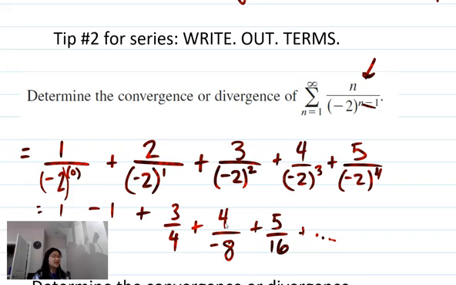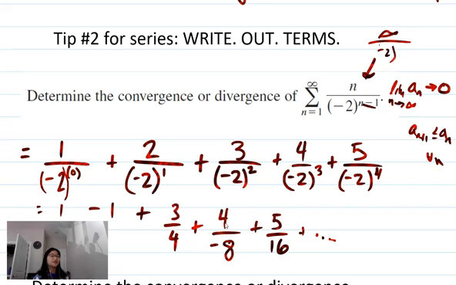Is that going to converge? Well, let's think. It's an alternating series. Do we have a sub n plus 1 is less than or equal to a sub n for all n's? Also, does a sub n go to 0? Yes, because of L'Hopital's rule, right? We're thinking infinity over negative 2 to the infinity minus 1, but that's going to give us 0.